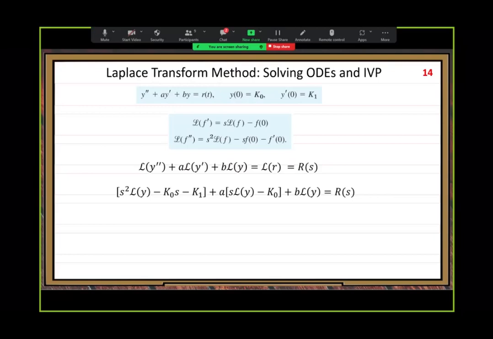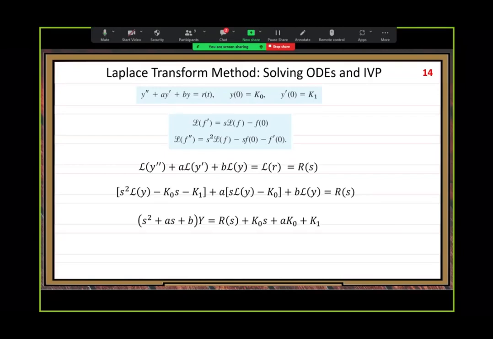Now, to solve this algebraic equation, people usually use capital Y to represent the Laplace transform of its little y version, just like we used capital F before, and capital R for the Laplace transform of little r.